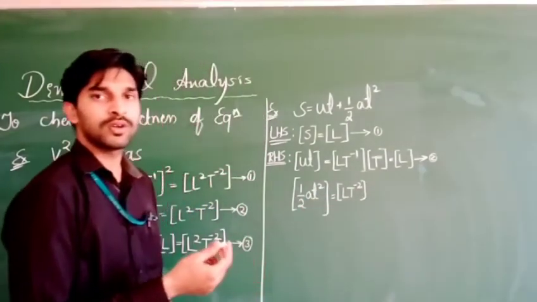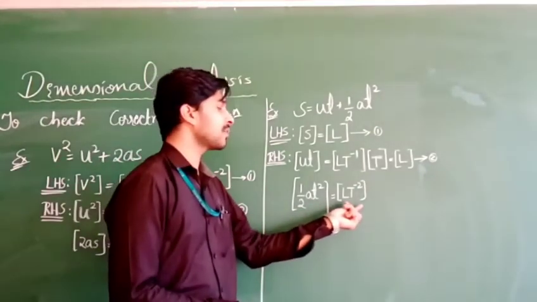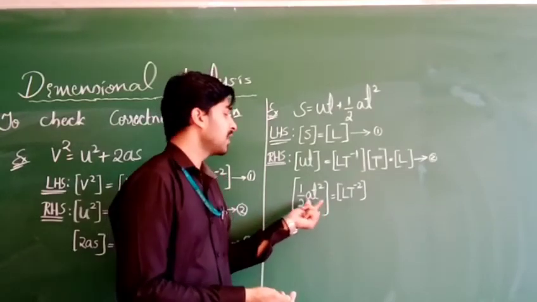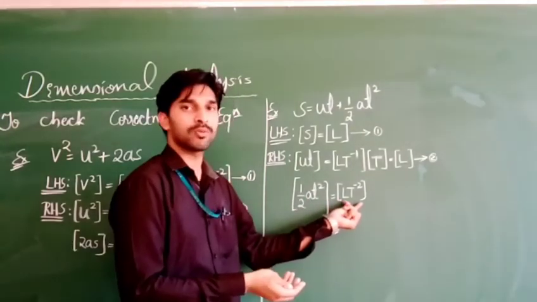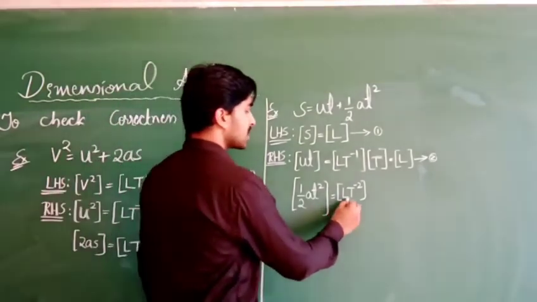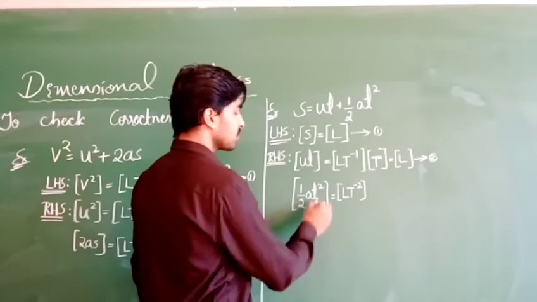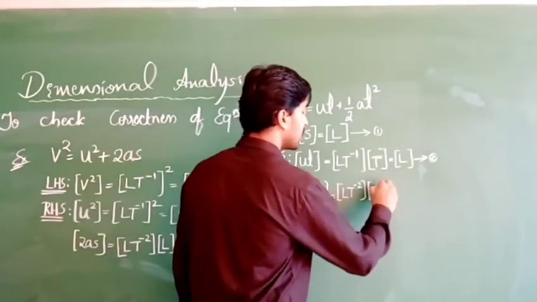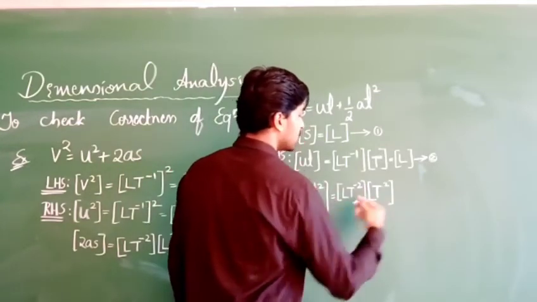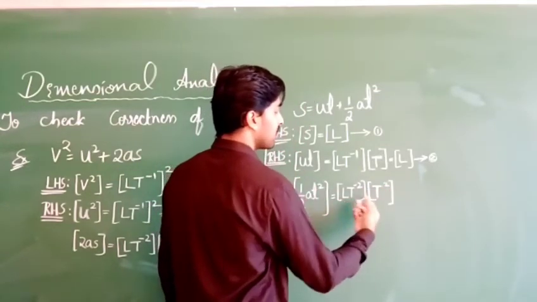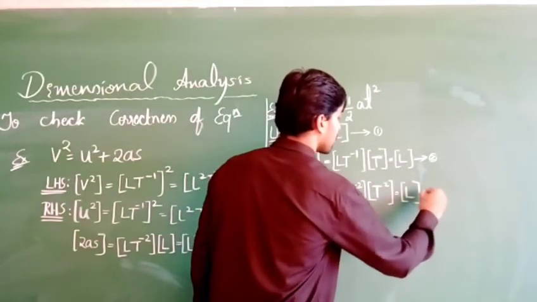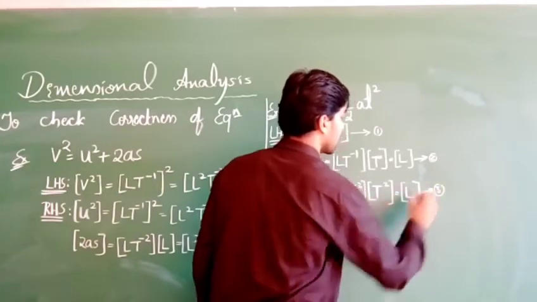Then you will come to know how acceleration can be written directly, apart from writing velocity by time every time. So acceleration is L t to the power of minus 2. Next, this t is time, and we have t square. So t to the power of minus 2 and t to the power of plus 2 will get cancelled each other. Only L remains. This one I will treat as the third equation.